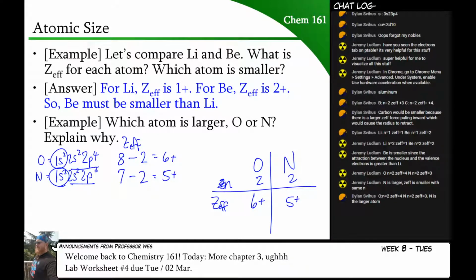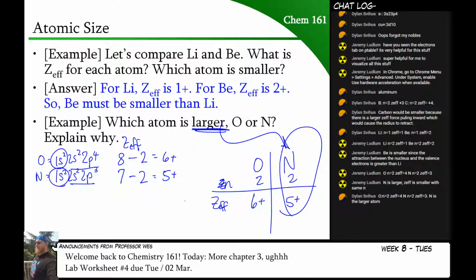All right. And now the question is asking you, which is bigger? Now, I won't just ask you for the smaller one all of the time. Sometimes I might ask you what's bigger. So don't give me all the correct trends all the way and then pick the wrong one at the end because I asked you for the bigger atom and you picked the smaller one. So if a larger Z effective means a smaller atom, a smaller Z effective must mean a larger atom.